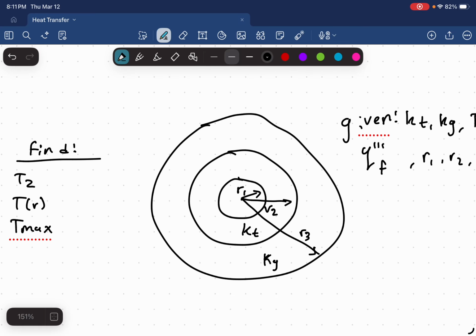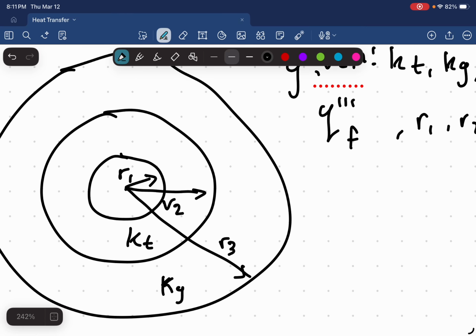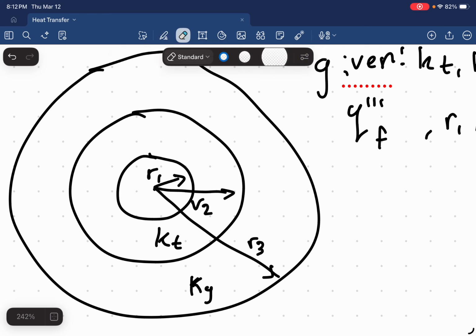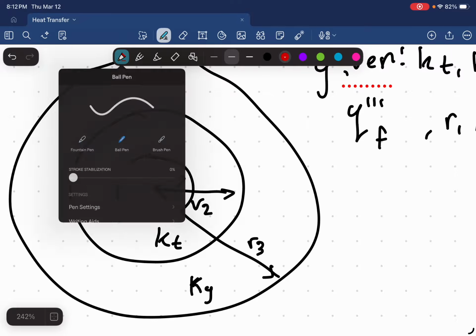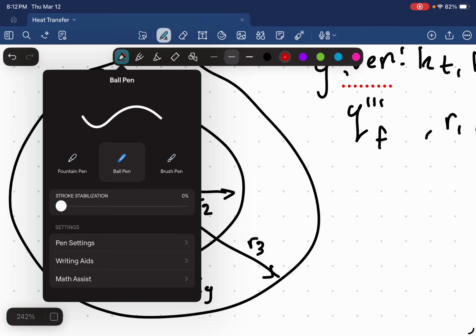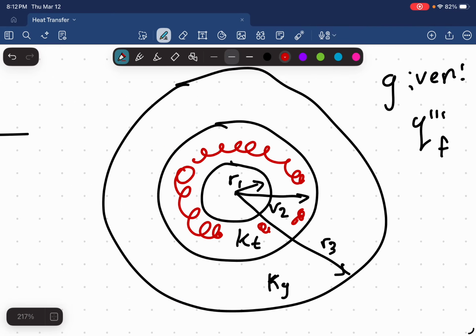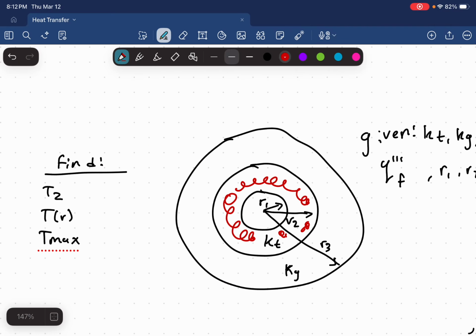Also, the heat gen, let's say that it is formed inside of this second region right here. That's where the heat is generating.